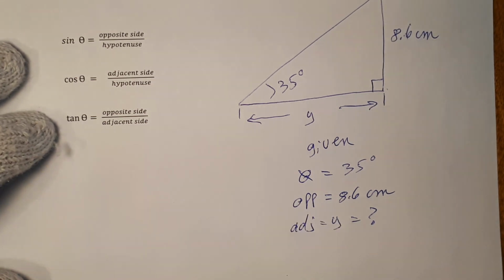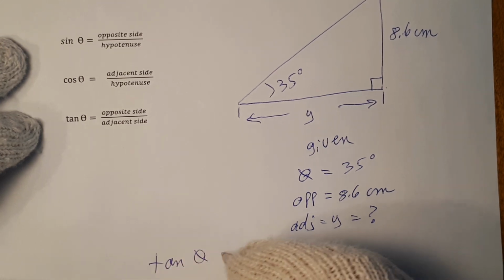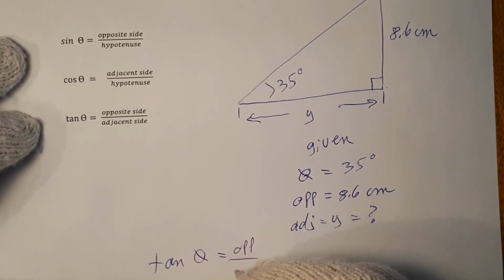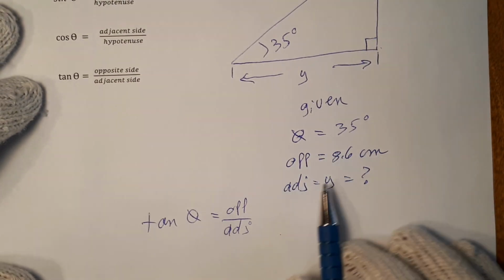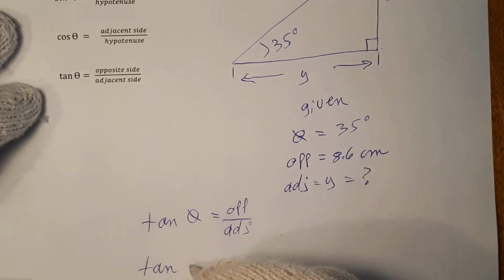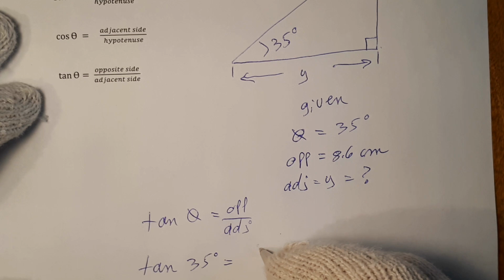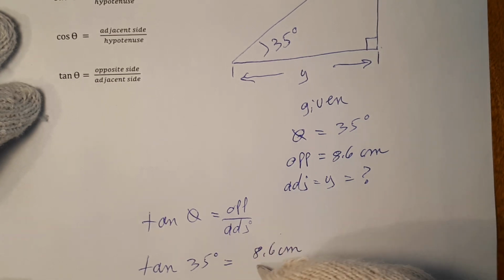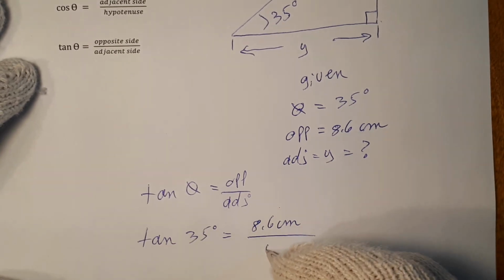Therefore, we're going to use the tan function, opposite divided by the adjacent. Putting in the values now into the equation, tan of 35 degrees is equal to the opposite, which is given to us as 8.6 centimeters, divided by the adjacent, what we are looking for, and we'll just simply use the variable y.